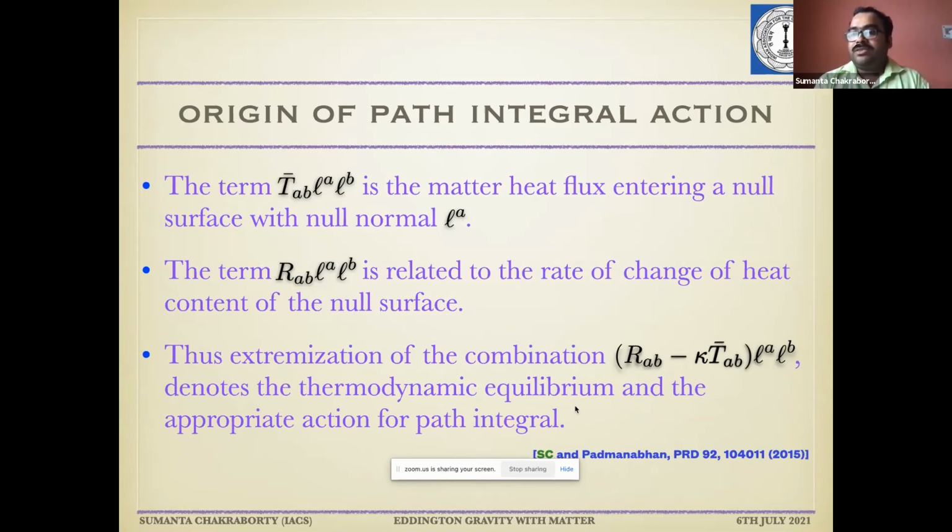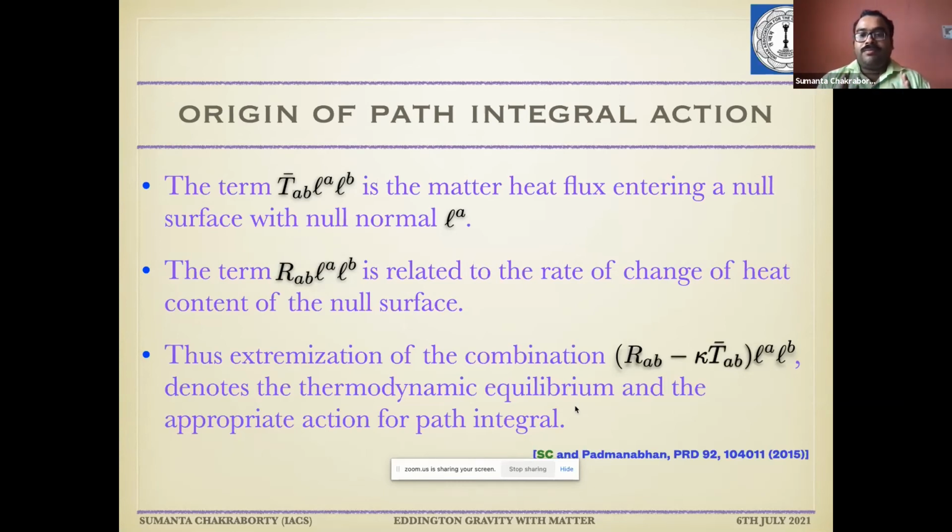And that leads us to an action which is the log determinant of R_AB minus kappa T bar_AB, which by Eddington's approach, which we have discussed, provides us Einstein's equations with matter and a non-zero cosmological constant. Also, for this Gaussian path integral to make sense, it turns out that the cosmological constant has to be positive. Otherwise, this determinant would have some negativity issue and convergence can be questioned.